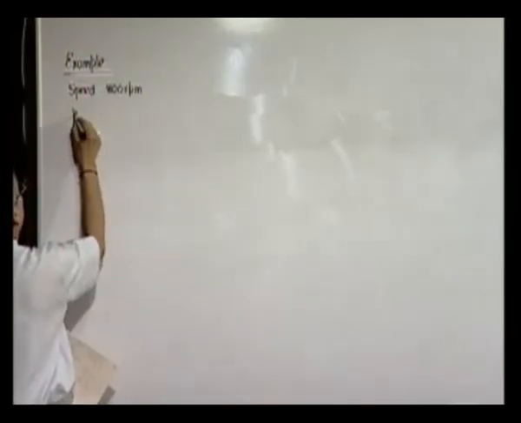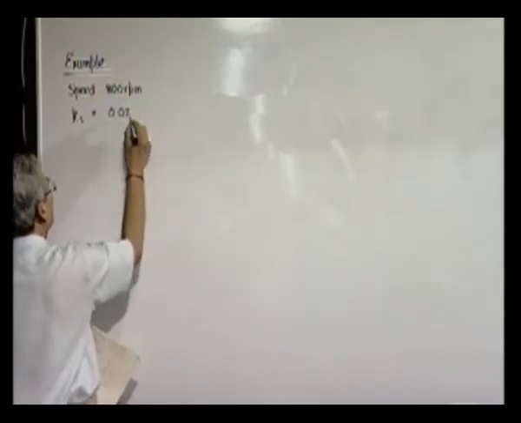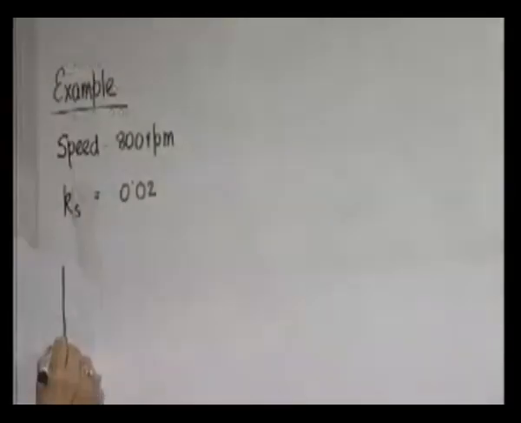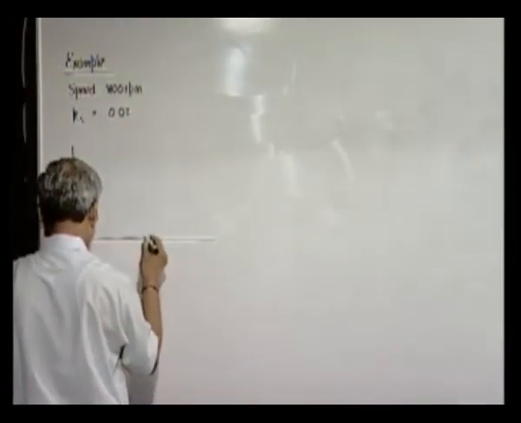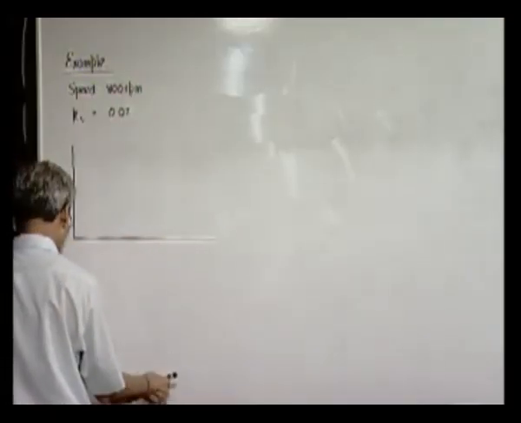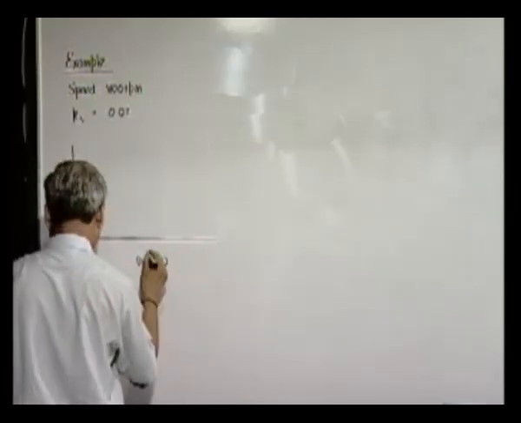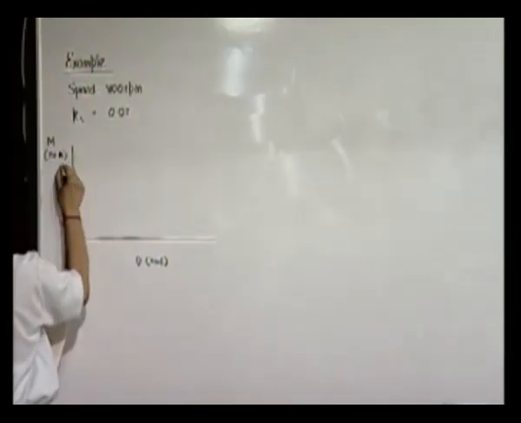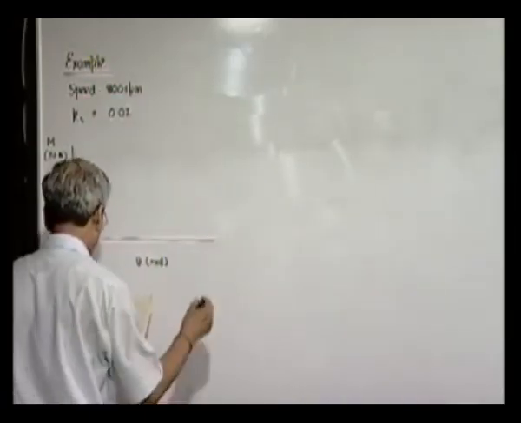The permissible value of the fluctuation of speed is 2%, and the turning moment diagram has been given. The turning moment is in Newton meters and theta in radians.